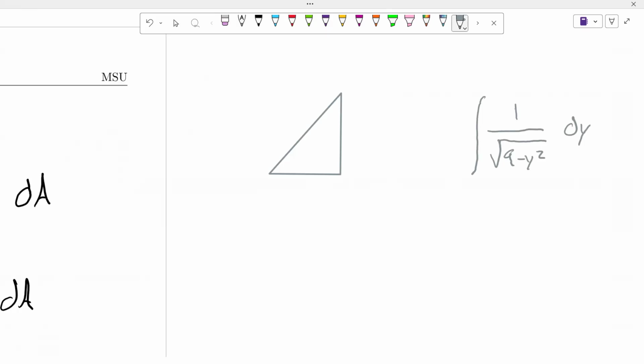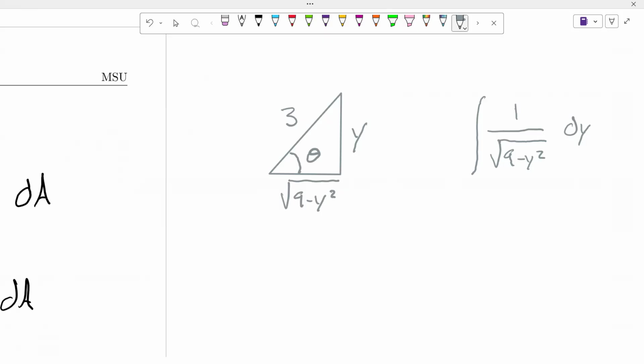So if I'm taking the square root of 9 minus y squared, I want that to be a square number minus another square number. So 3 being the square root of 9 should be my hypotenuse, and y is going to be one of my legs. That way, if I apply the Pythagorean theorem to this triangle as it stands, that thing is the square root of 9 minus y squared. I'm going to add in a theta right there because I'm going to call that thing an angle.